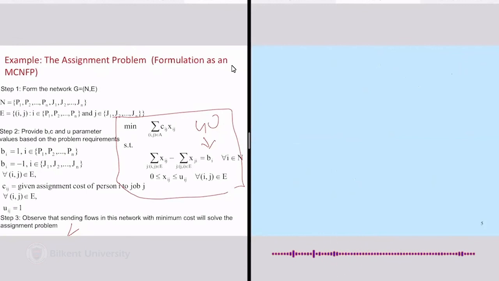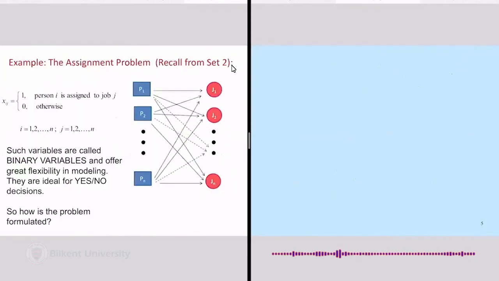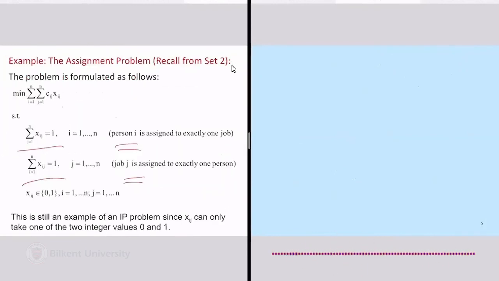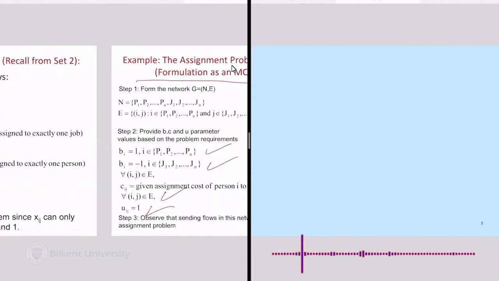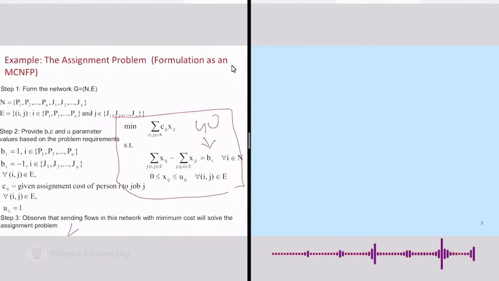You don't have to. You can formulate assignment as assignment, right? We did that in set 2. This is our assignment formulation. But now I'm showing you that we could actually come up with a network and formulate this as an MCNFP formulation. Why? Because now this problem has, for example, unimodularity.